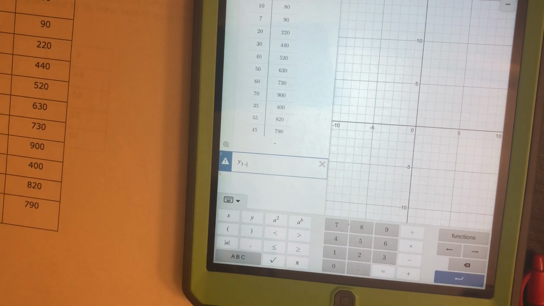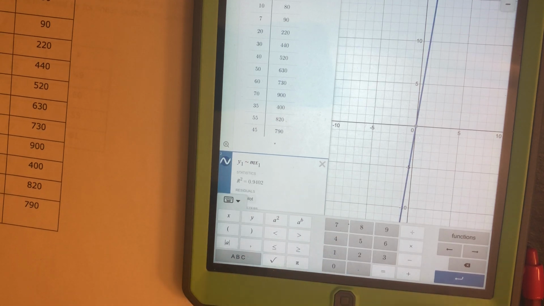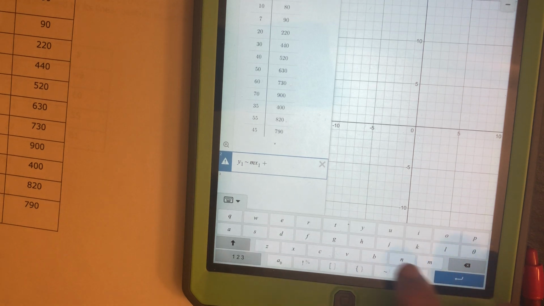Make sure you scroll over once because you will make a mistake. There we go, that looks better. mx, then click the subscript of 1, and then scroll over, plus b.